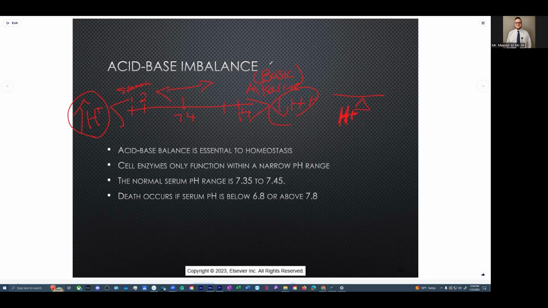It's possible, but most of the time our body tips on the scale to a more acidic state. Another thing to note: when you think acid, you have to think hydrogen ions, and that's what the scale is measuring. When you think basic or alkaline, you're thinking about a different type of molecule called bicarbonate.